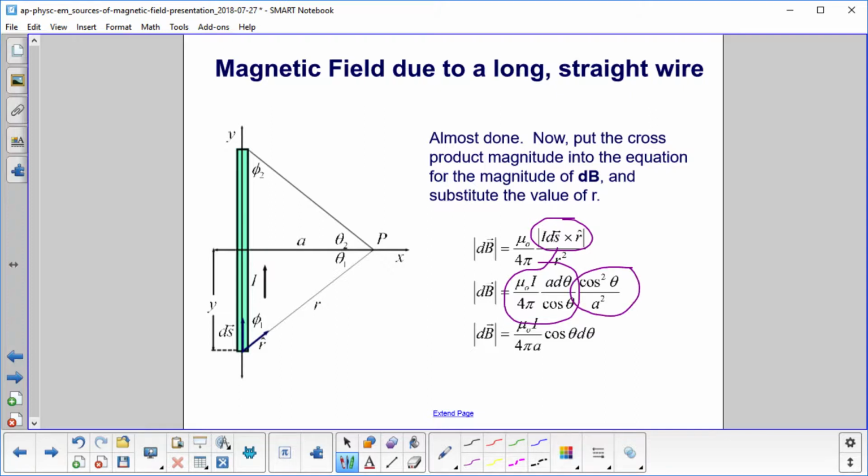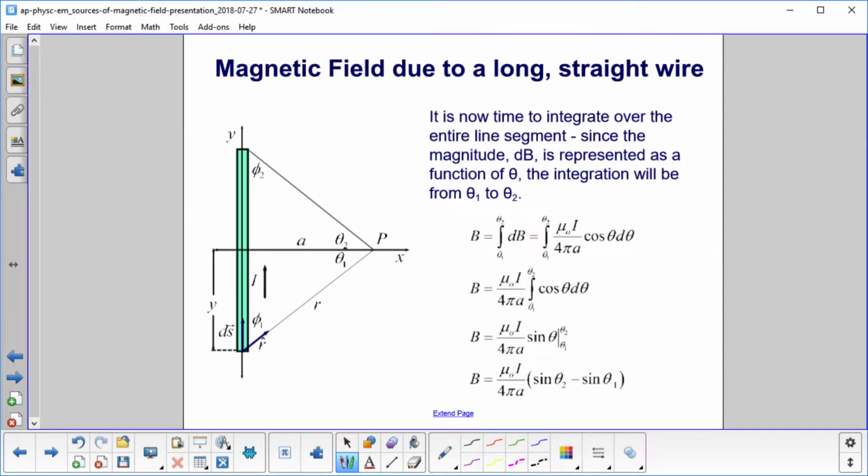And we have another cancellation of a cosine theta. And now our problem has reduced to dB at any point, well, at this point here, due to any point on the line here on the wire, will be mu 0 I over 4 pi a, and here's a, cosine theta d theta.